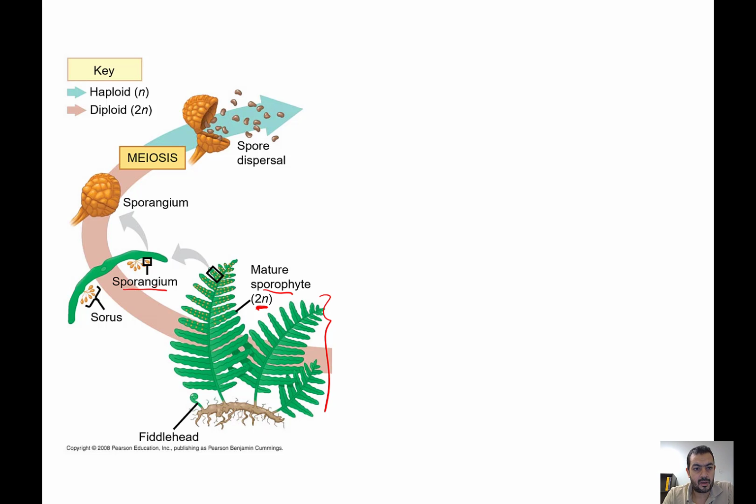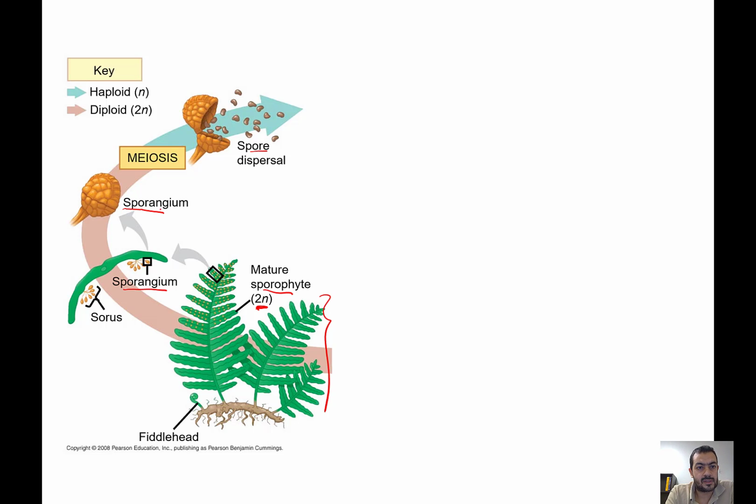These are the organs in which the spores are going to be formed, and here we are zooming in to one of these sporangia, and by meiosis the 2n is going to be reduced. The chromosome number 2n is going to become a haploid structure, which is the spore.